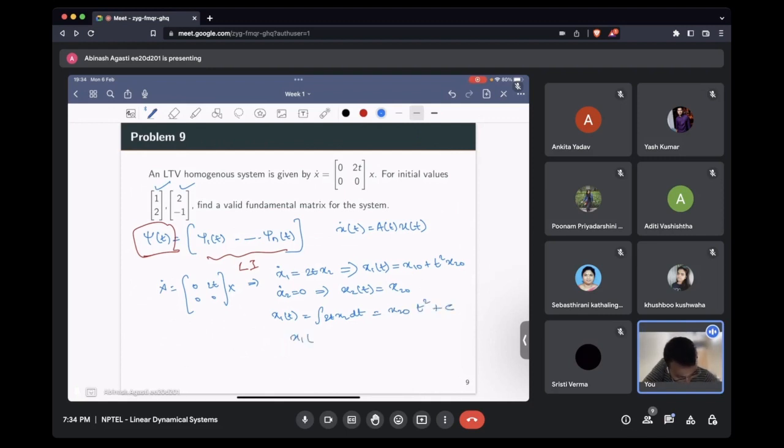Since x1 at 0 is x1 naught, we have x1 of t equal to x1 naught plus x2 naught t square.